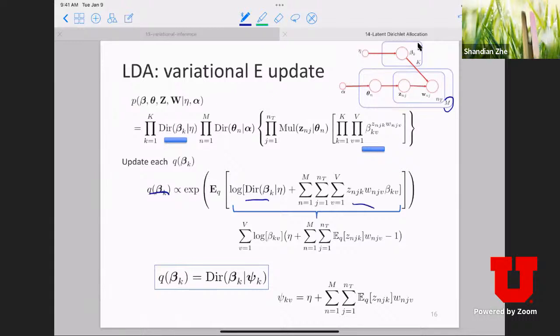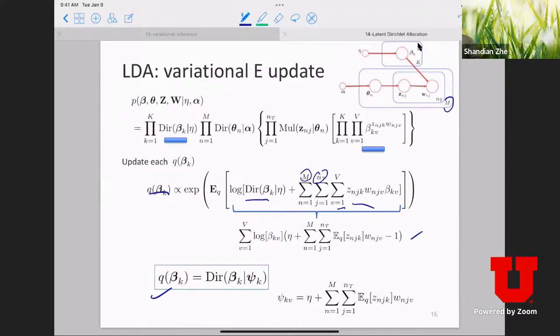That's why you have a summation over the documents, a summation over the words, and this is just the vocabulary. And then you do the mean field variational inference update. You find that it follows another Dirichlet distribution.